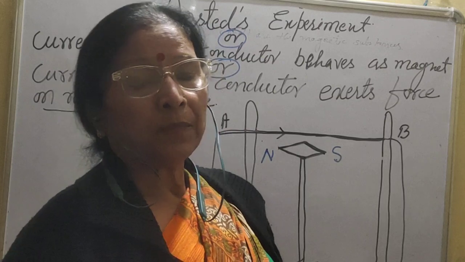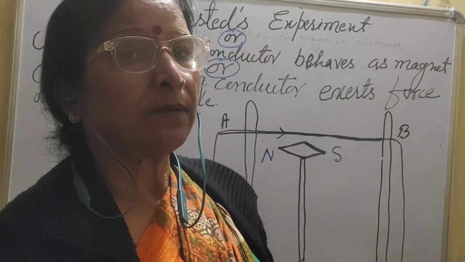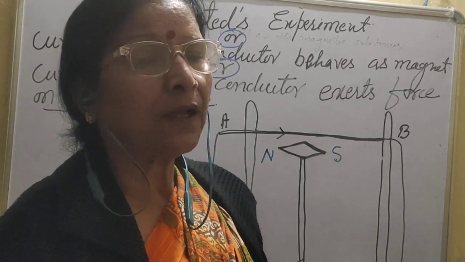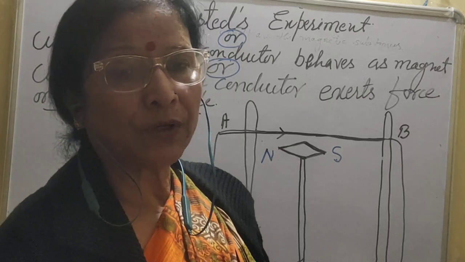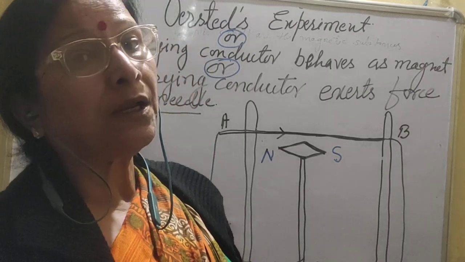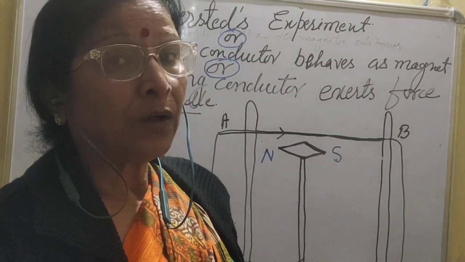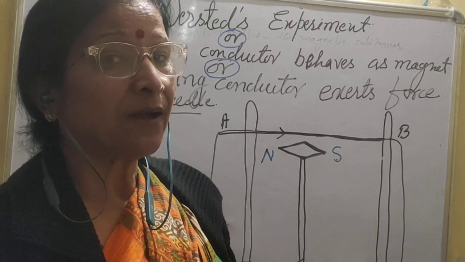Now, Hans Christian Oersted gave his experiment, and he gave the theory and idea that a magnet can be produced by electric current, or that a current carrying conductor behaves as a magnet.